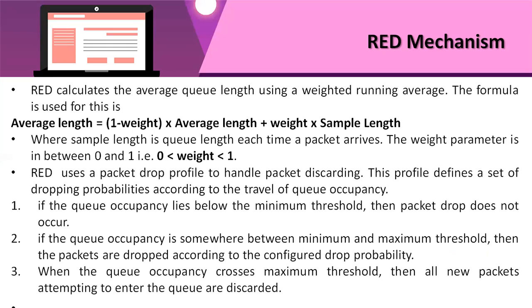The weight parameter is between 0 and 1, because it depends upon the probability, and the probability value lies between 0 and 1. RED uses a packet drop profile to handle packet discarding. This profile sets the maximum and minimum threshold values of queue occupancy, as mentioned in the previous slide.